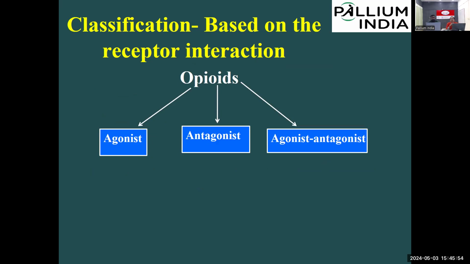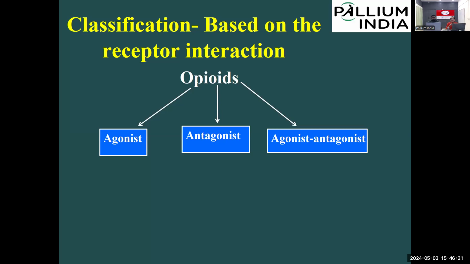When I say an opioid is an agonist, that means morphine is a mu agonist. That means morphine binds with the mu receptor and together they produce the analgesic effect. So morphine is an agonist. An agonist drug binds with the receptor site and produces the effect.